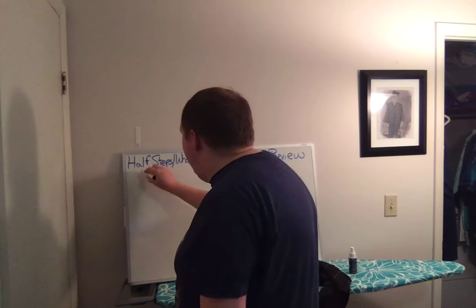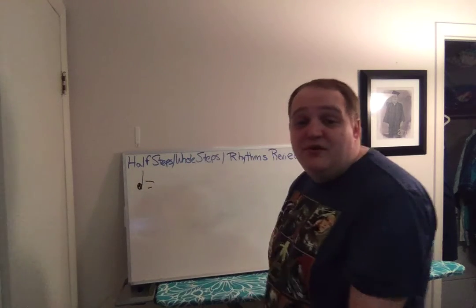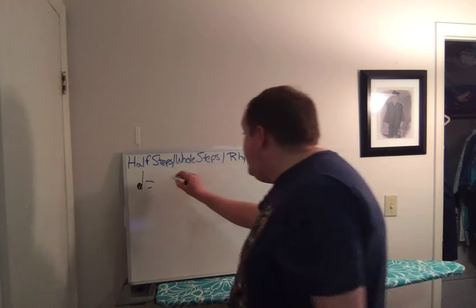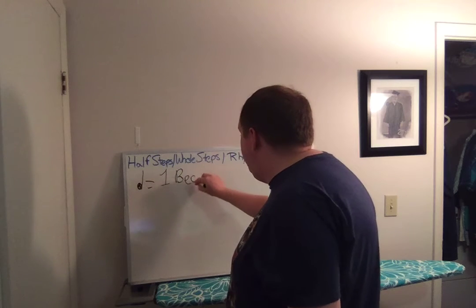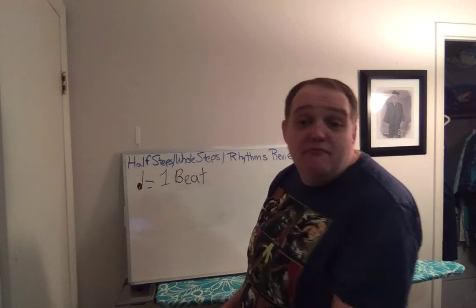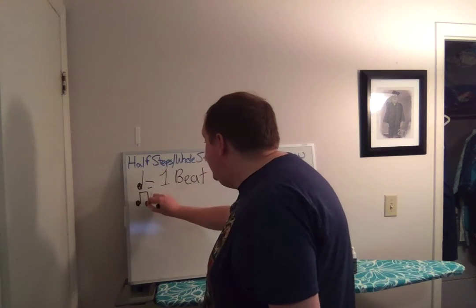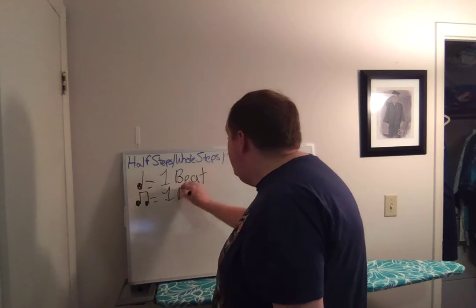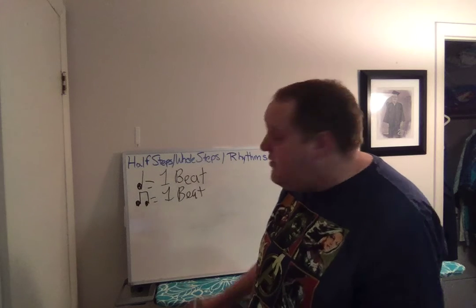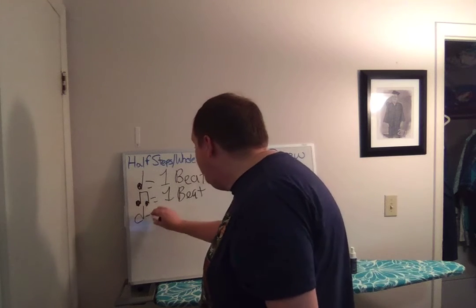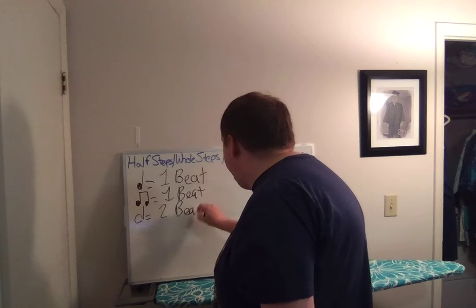So the rhythms are, as you know, a quarter note, or start off with the basics, is one beat, right? Eighth notes, you need two of them to make one beat. Well, yeah, obviously. Half notes, obviously, are two beats.